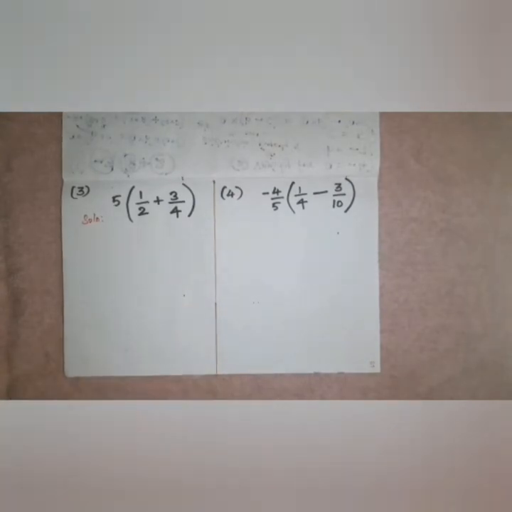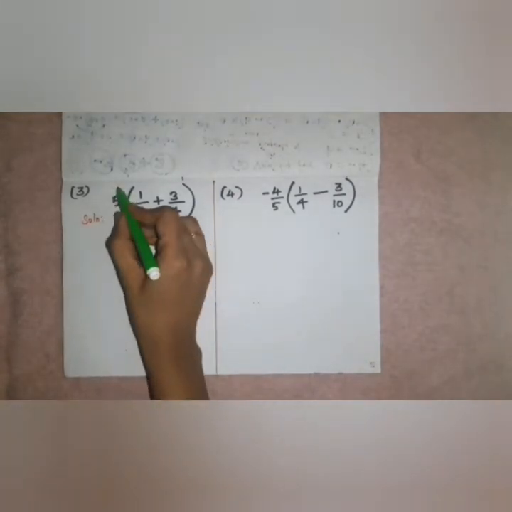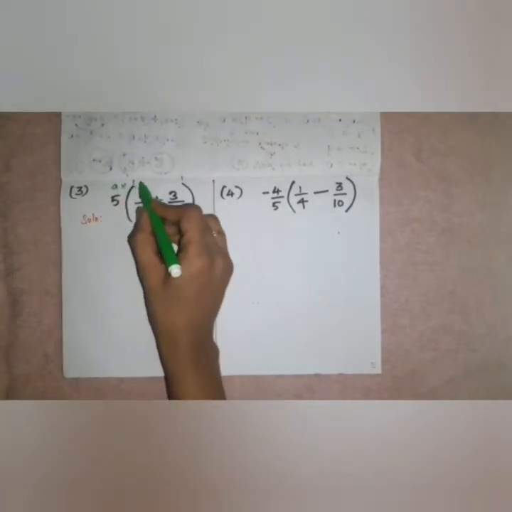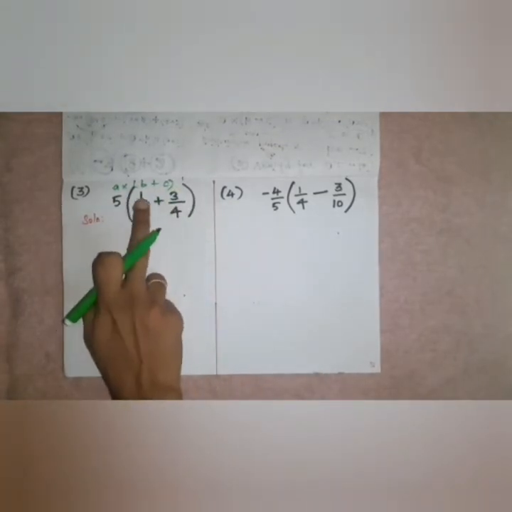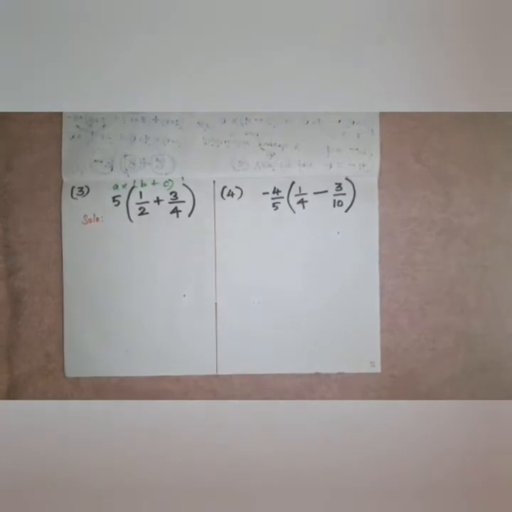Let's take A into B plus C: 5 into 1 by 2 plus 3 by 4.